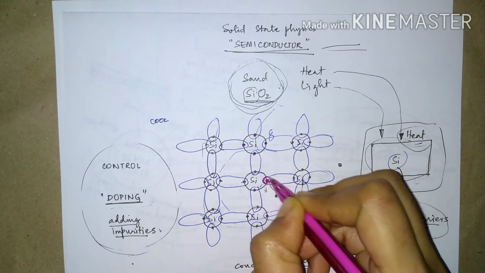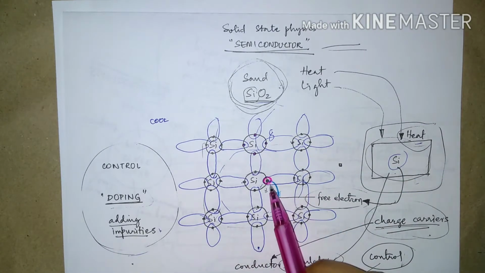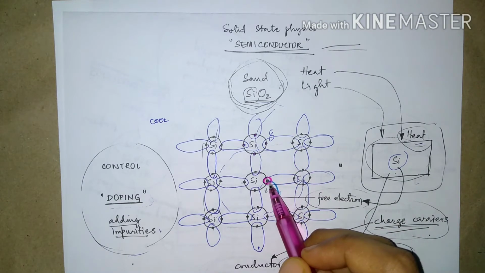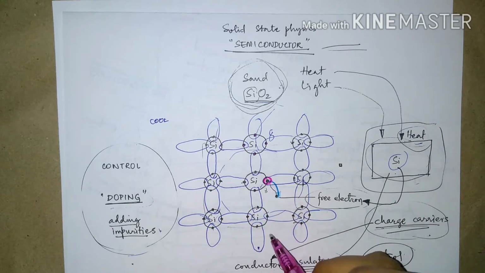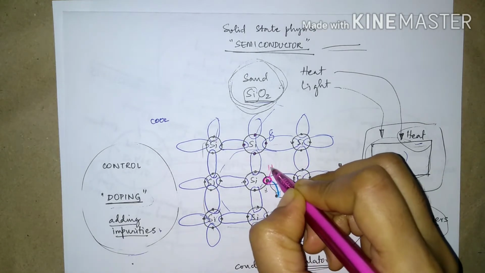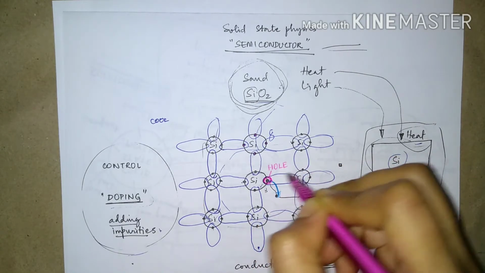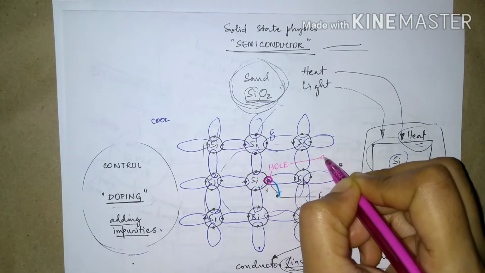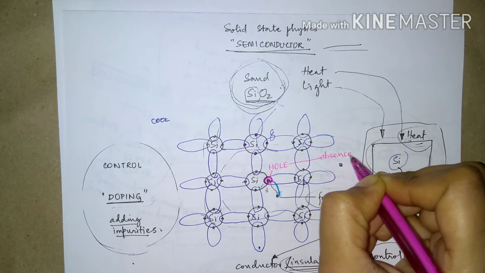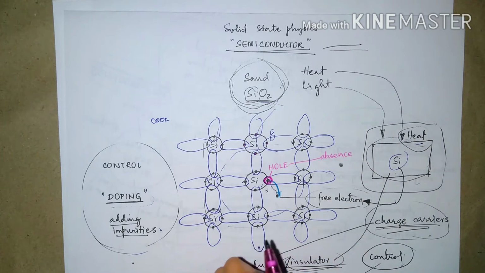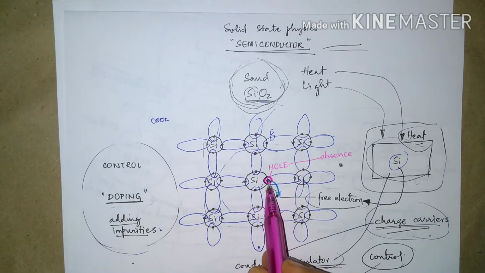It creates a hole because before there used to be an electron here, but now there is no electron. So this is the absence of that particular electron. So a hole is the place where that electron belongs.